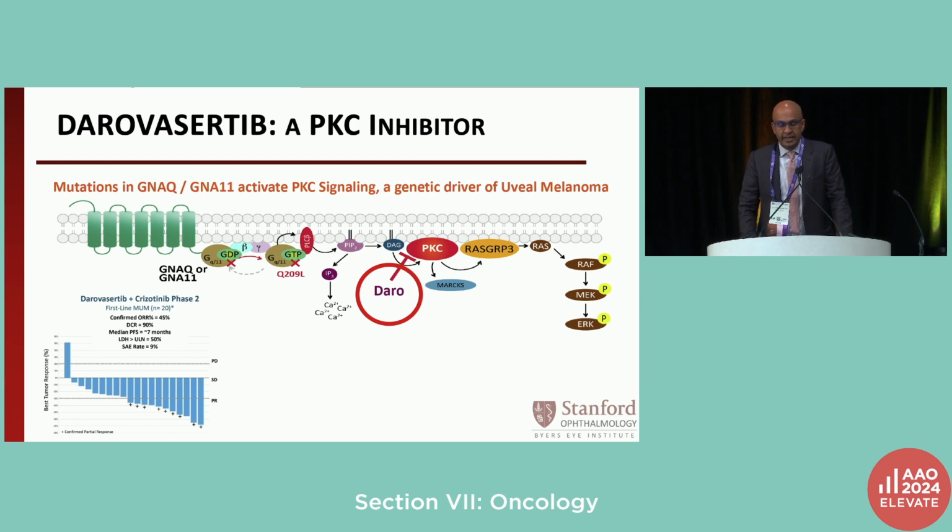Darovasertib, a protein kinase C inhibitor, is one of these candidate molecules. It targets mutations in the GNAQ, GNA11 pathway that is an active driver in uveal melanoma. This, in combination with other agents, has been used systemically for metastatic uveal melanoma, and it's shown good response.